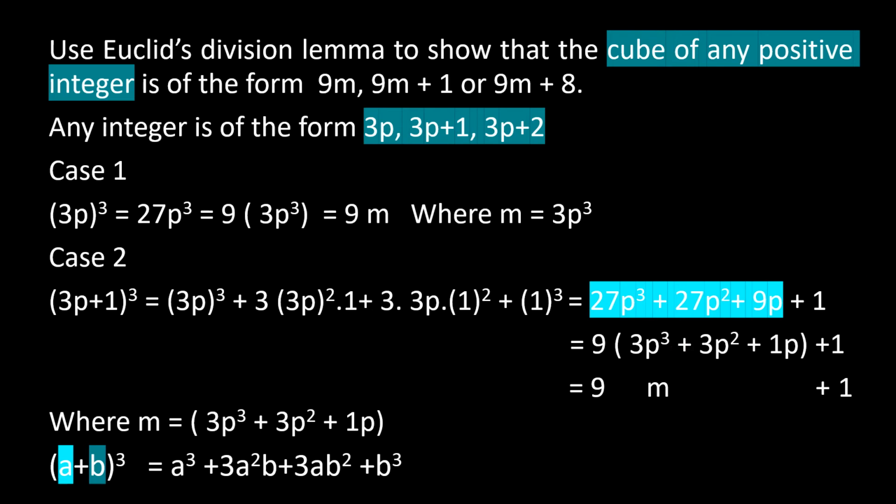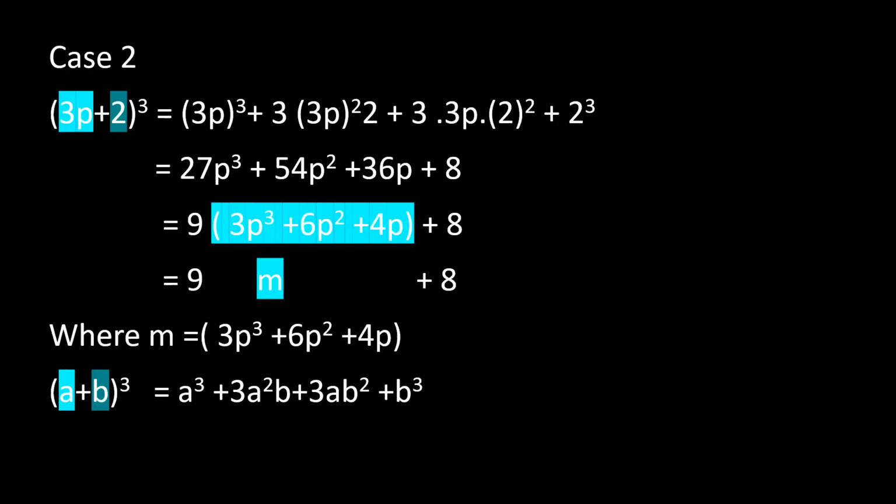Going to the next one, same problem, but we are going to prove for 3p plus 2, right? So 3p plus 2 the whole cube, we are going to apply the a plus b the whole cube formula, a cube plus 3a square b plus 3ab square plus b cube. When you apply, you will get 27p cube plus 54p square plus 36p plus 8.